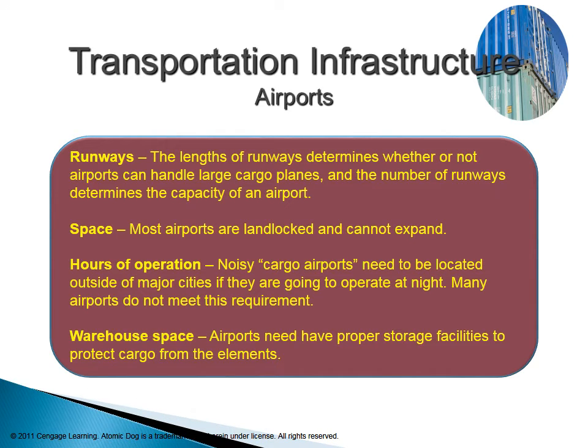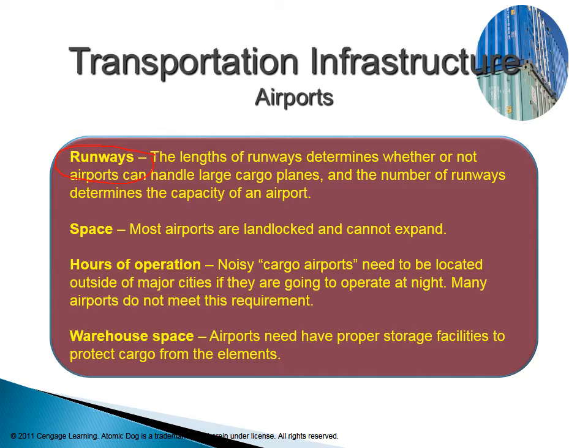Now for airports, different features of the airport are runways. How many runways an airport has will determine how many planes they can handle. The space around the airport is important because that allows possibility for expansion, and it allows bigger flights to enter because of the noise pollution.